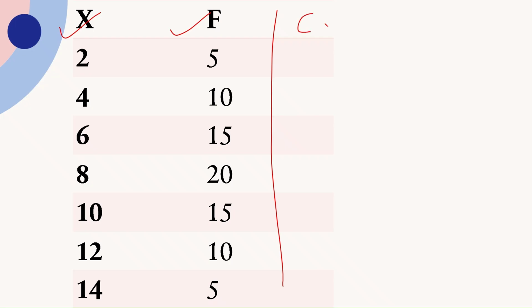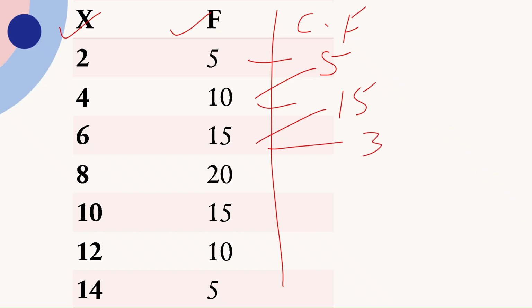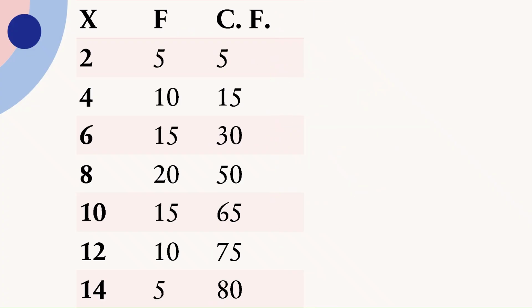So first prepare a cumulative frequency table. 5 is the same, 5 plus 10 is 15, 15 plus 15 is 30, 30 plus 20 is 50, and so on. So this is the cumulative frequency table. Now we have to calculate any decile, percentile and quartile, even the median.